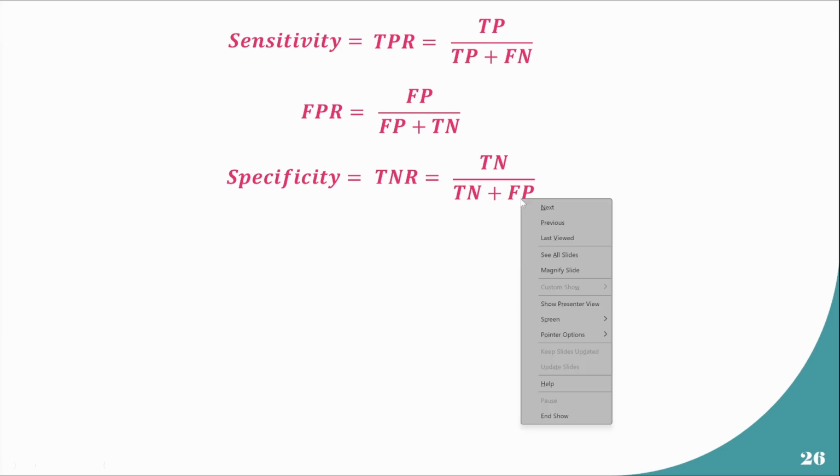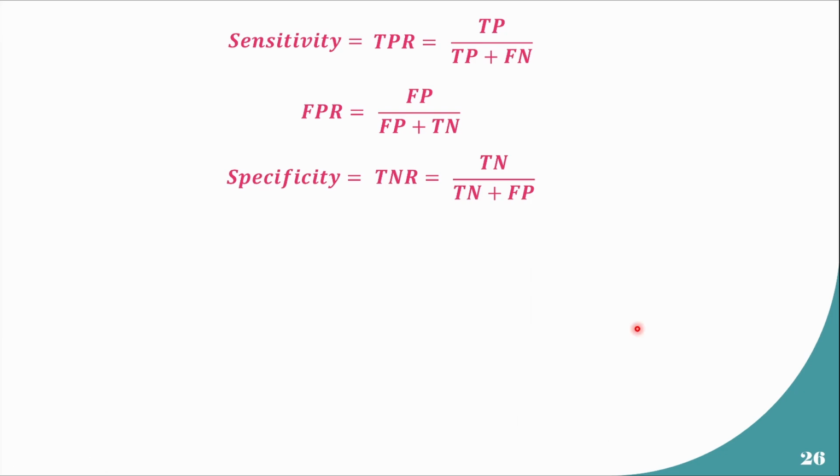So here, false positive means that the system is identifying this data as positive. However, it is a false identification or false evaluation. It is actually negative data, right? So true negative plus false positive will indicate all of the negative values present in the calculations.